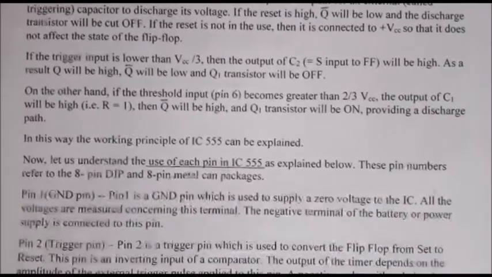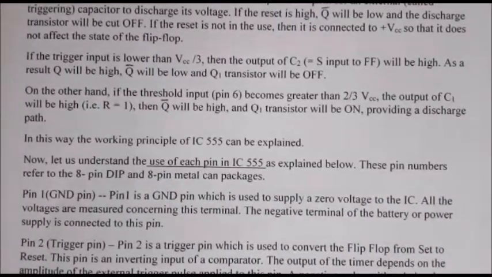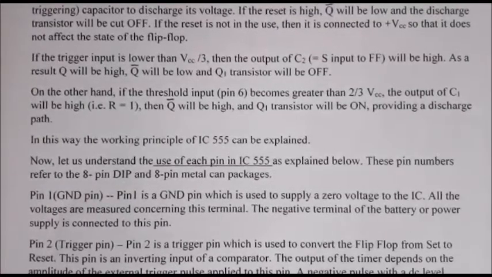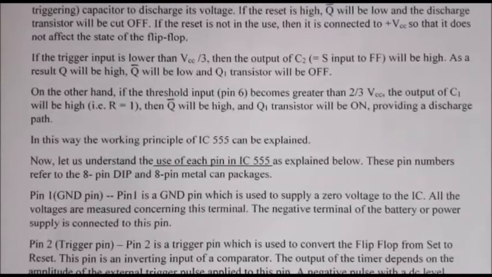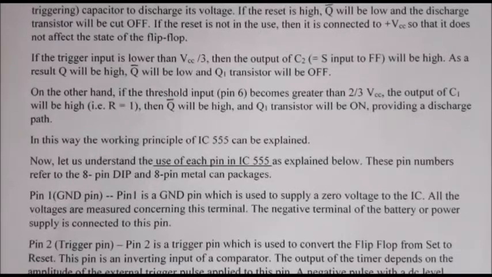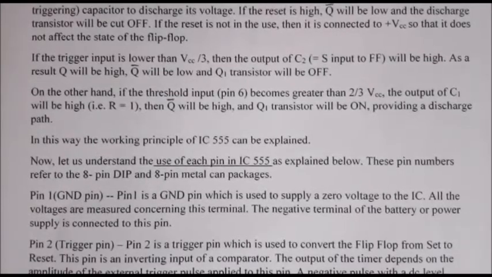If the trigger input is lower than VCC by 3, then the output of C2, because it has been connected to the lower part of the RS flip-flop, is equal to S, so the input to the FF will be high. As a result, Q will be high, so Q bar will be low and the Q1 transistor will be off.